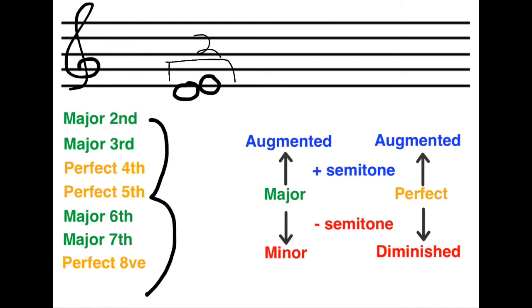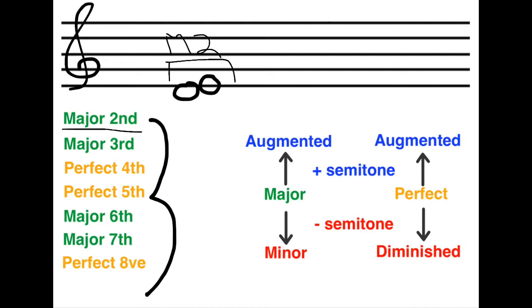But you have to ask, does the top note belong to the bottom note's major scale? So does E belong to the scale of D major? It does. D major has an F sharp and a C sharp in it, but E is just normal, so it does have an E in its scale. And if it has an E in its scale, then you call it by that type of second, a major second.